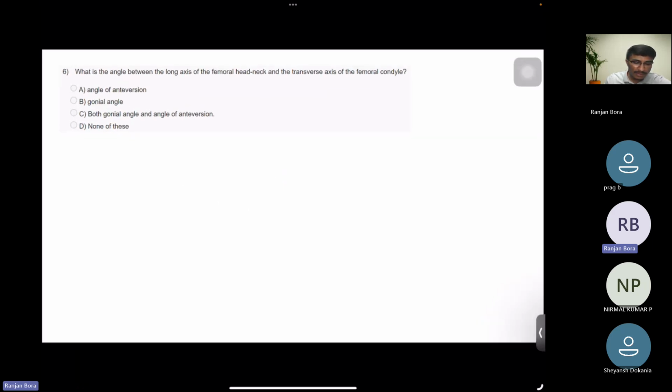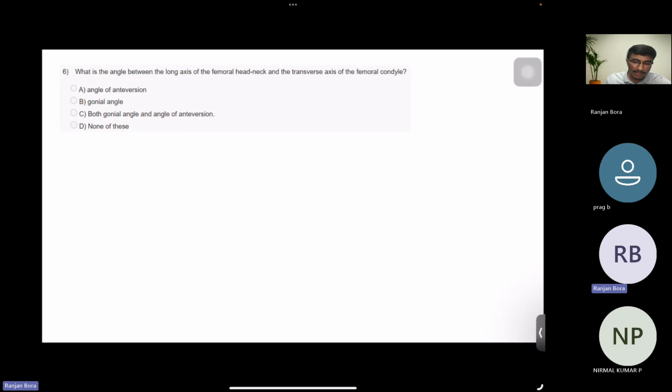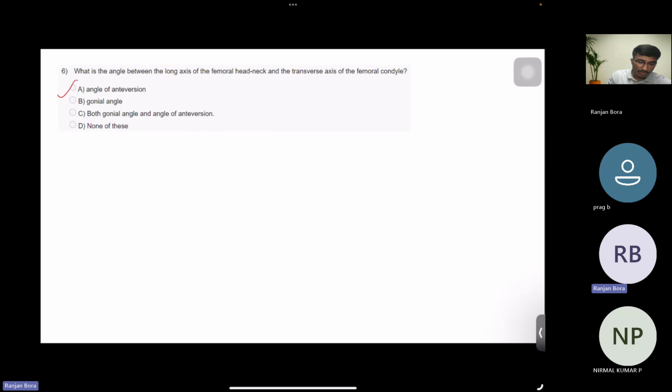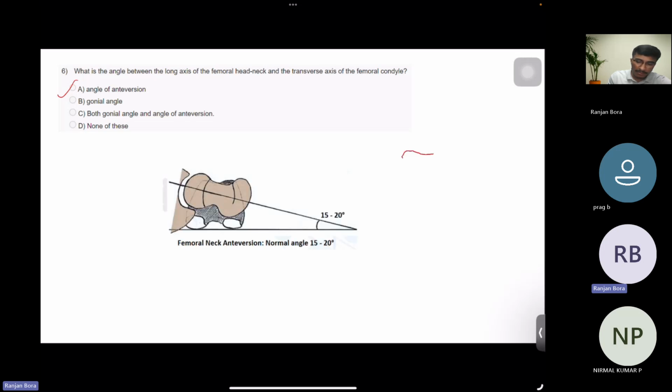What is the angle between the long axis of the femoral head neck and the transverse axis of the femoral condyle? Yes, angle of antiversion is correct. If we see in the frontal plane, it looks like this.